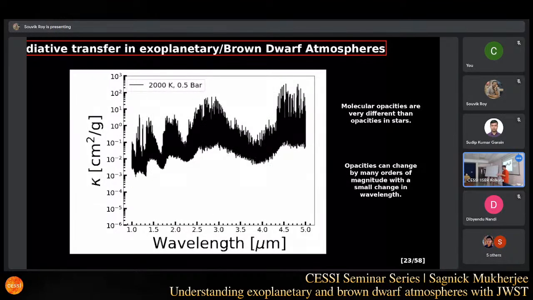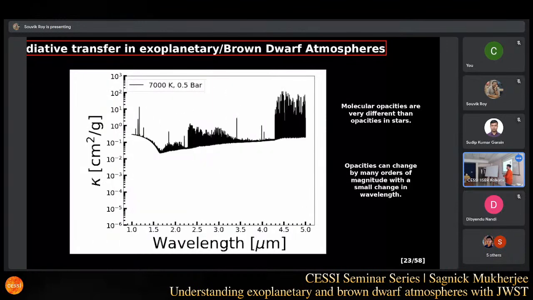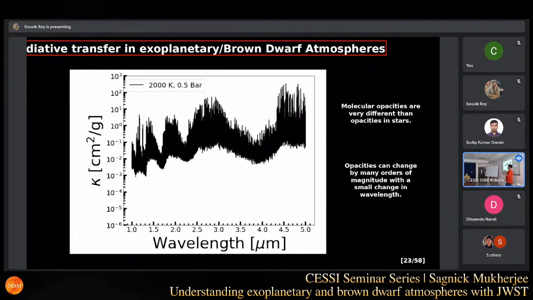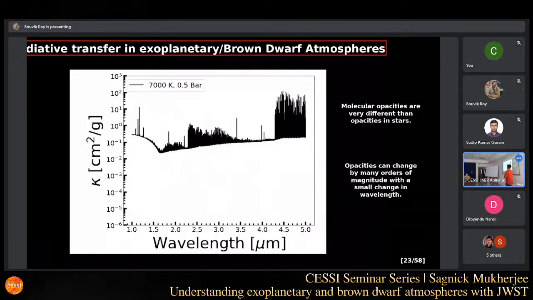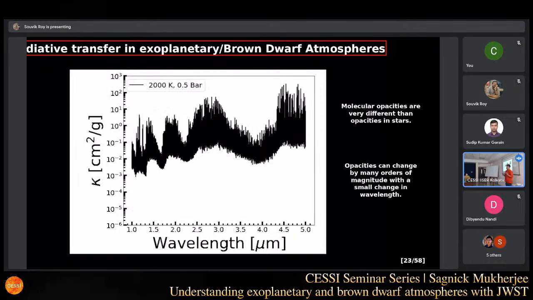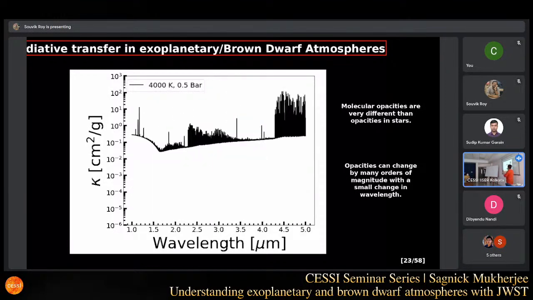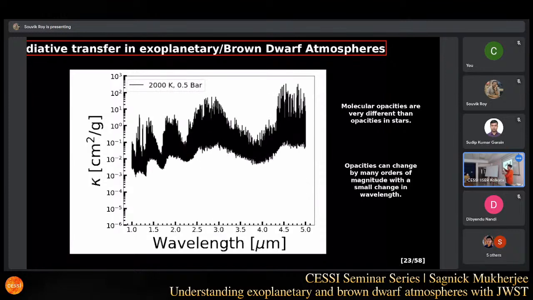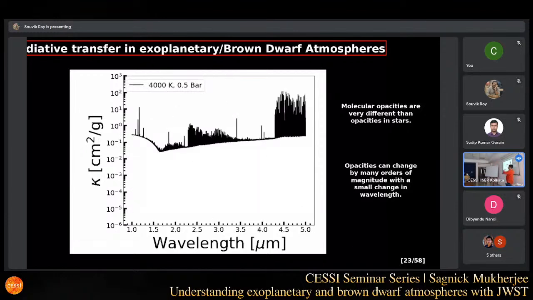Okay, so since this audience has a lot of stellar astronomers, I want to show one difference between stellar atmospheres and planetary atmospheres. And that difference comes from opacity. When you have a star, it's really hot and you have a lot of ionized species, right? And your opacity looks like a flat, kind of gray opacity. There's not much variation across wavelengths.